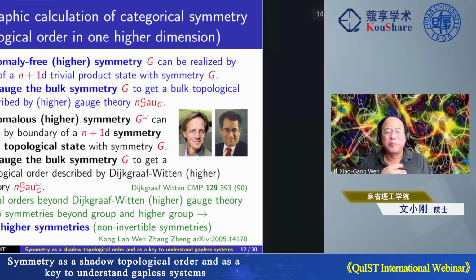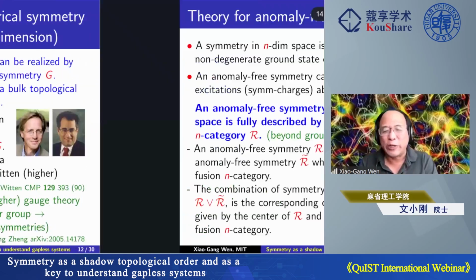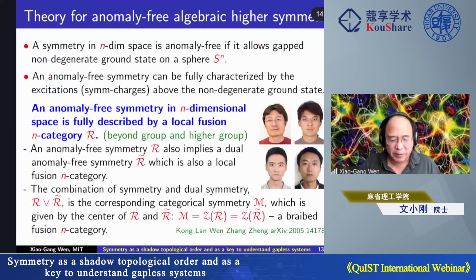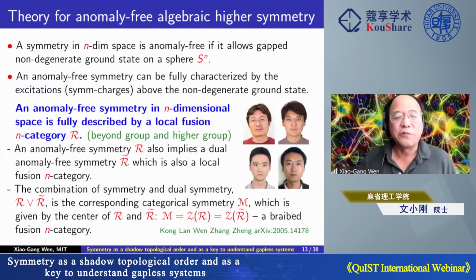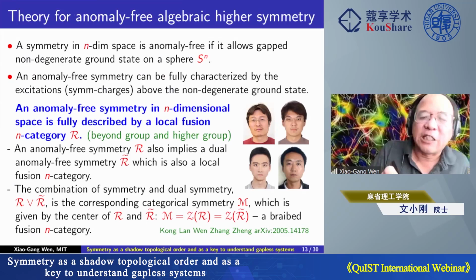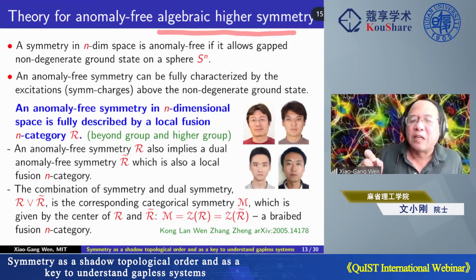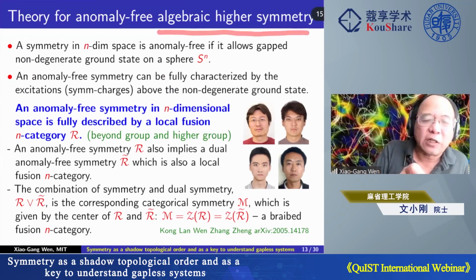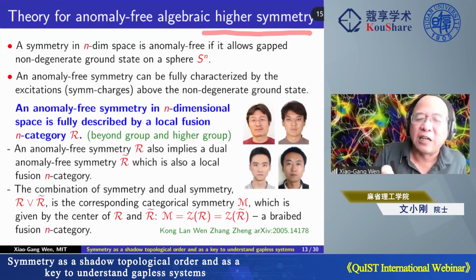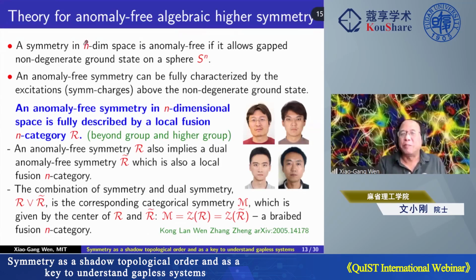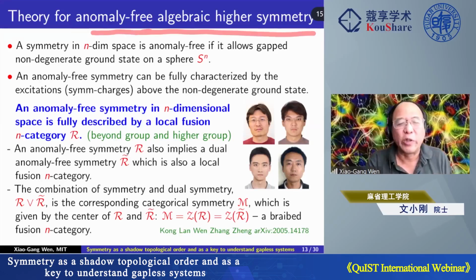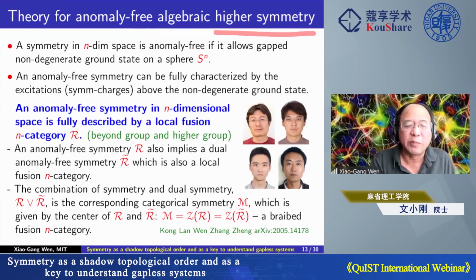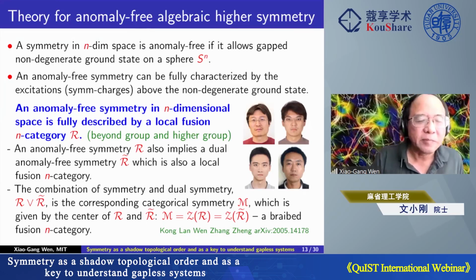Okay, so now let's try to give some general description of this algebraic higher symmetry. But here we try to concentrate on the anomaly-free algebraic higher symmetry. So basically, we want to study the non-invertible higher symmetry. What is the general theory for this non-invertible higher symmetry?